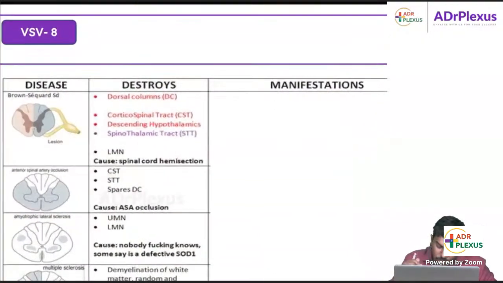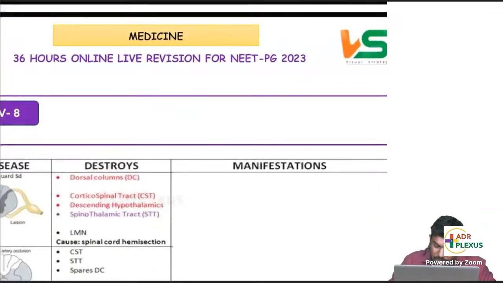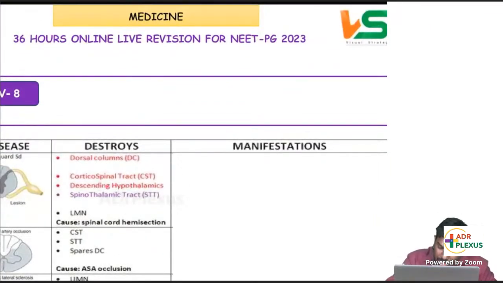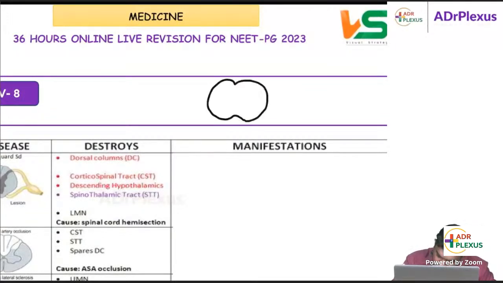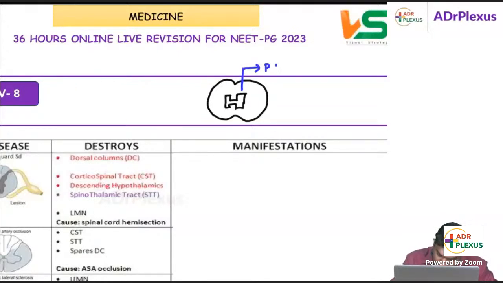We have the spinal cord here. Our favorite thing is the spinal cord. So this is the spinal cord, with gray matter and white matter differentiation. What tract is here? The posterior column.